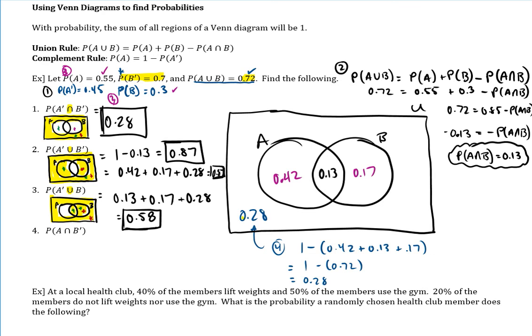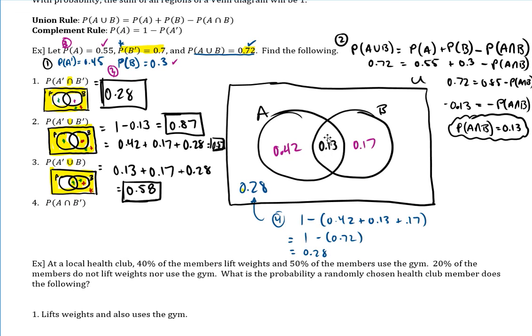I meant to do the 0.13, I wanted to use that, but I didn't mean to box it that soon. 1 minus the 0.13 was the final answer. Sometimes I make mistakes too, and I'm leaving that in there to show it. As long as we catch them, we're good, right? And if I ever do something like that and don't catch it, you can always question me. It happens to everyone.